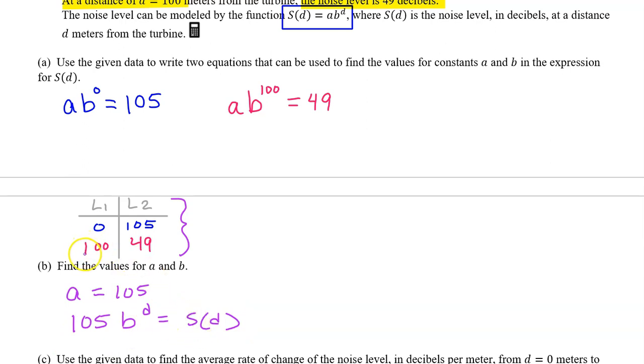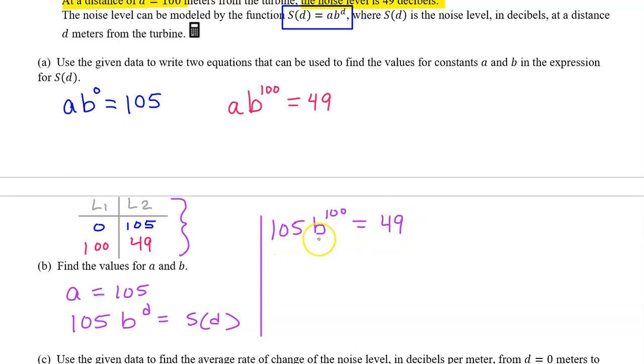So let's plug the other point into this equation now. So if we plug in 100 for d, the result should be 49. So that gives us 105 b to the 100 power, and this should equal 49.